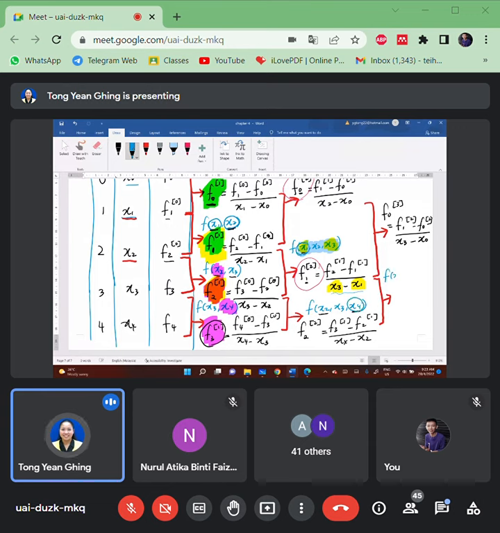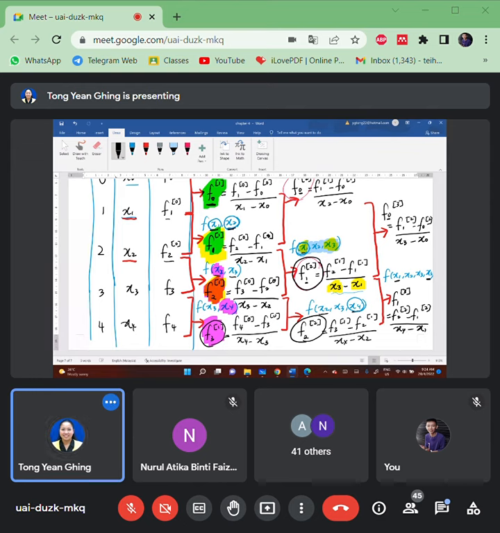We consider X1, X2, X3, X4. Just now it was F0, now it is F1. So F1 third divided difference equals this value F2 2 minus this value F1 2, divided by X4 minus X1.